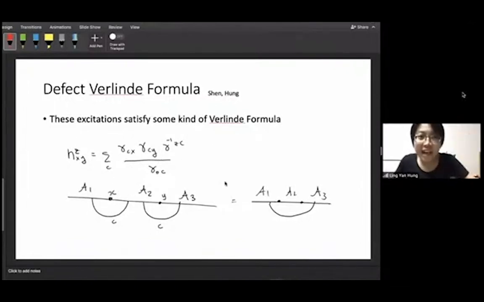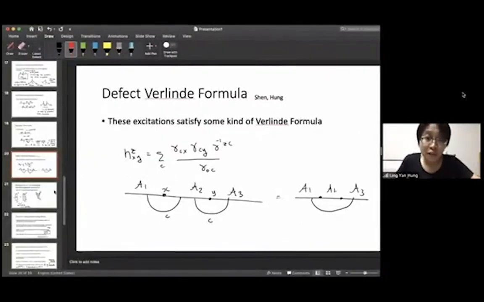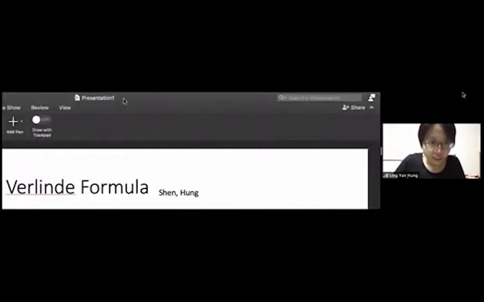So the underlying physics of the Verlinde formula could be thought of as that braiding and fusion, the order of things, is interchangeable. So you can derive some very powerful results out of this set of physics.